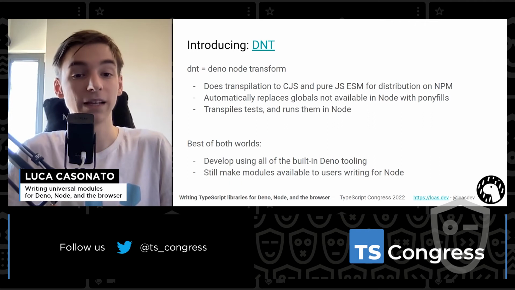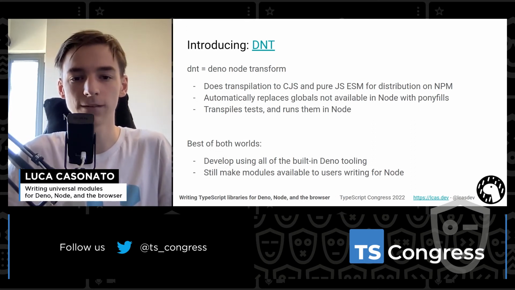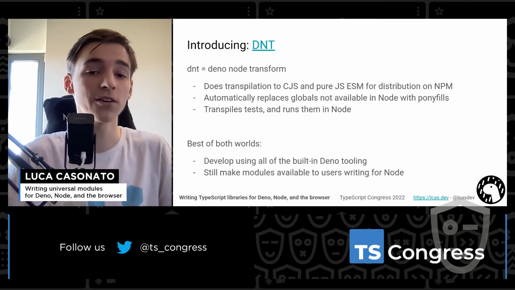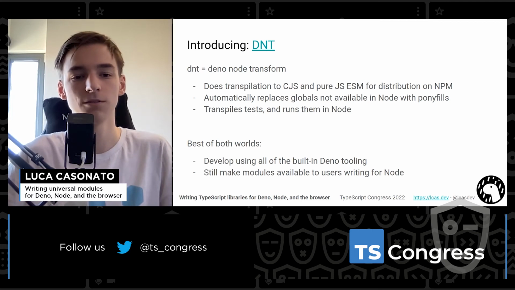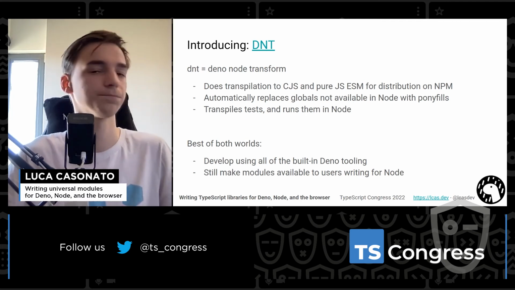It can also automatically transpile your tests and run them in Node. And that one is really cool because it allows you to ensure that your library, even after transpilation, still works correctly. So you'll transpile your library and then you run your tests on that transpiled code inside of Node to make sure that the transpilation didn't mess up your library logic, that everything is still completely functional.